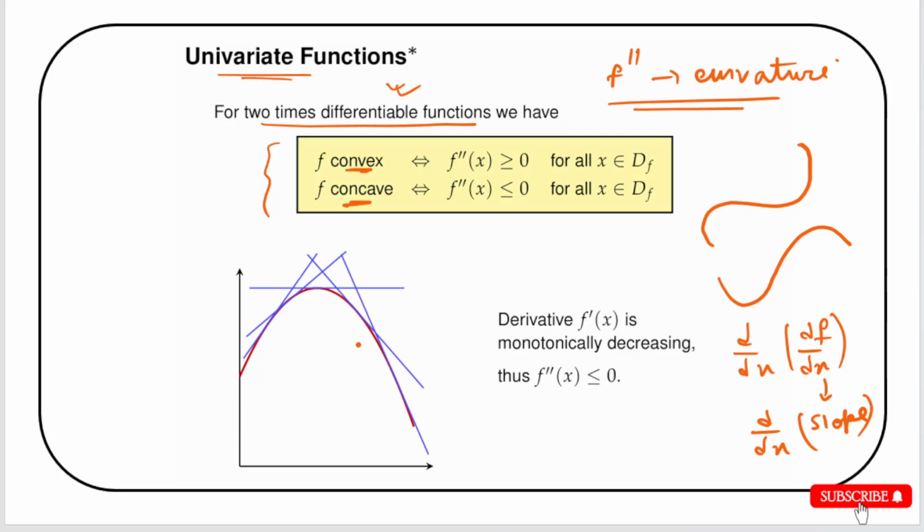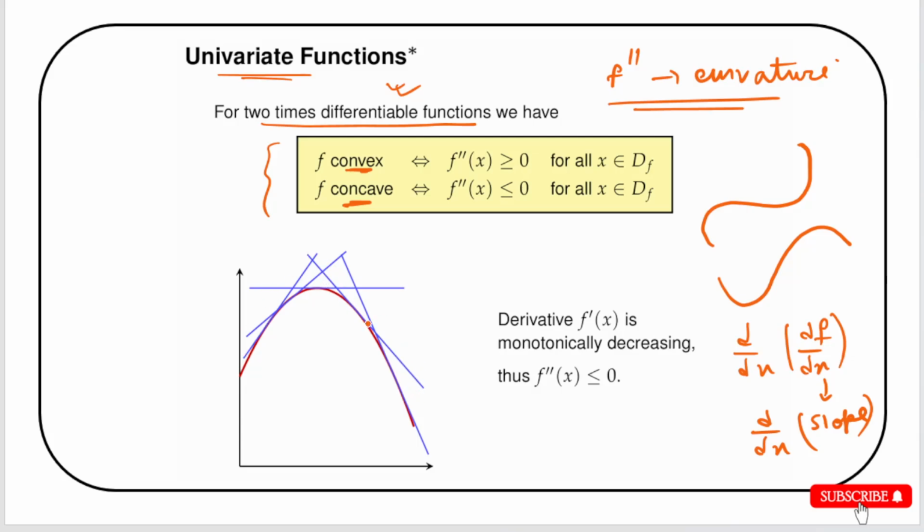If you see from this example, we have just discussed that this is a concave function. Here you will see initially the slope was this, then the slope gets flatter, then you have this maximum point, and then the slope again changes and it comes down. So you can see the slope initially increases, reaches a maximum, and then comes down.